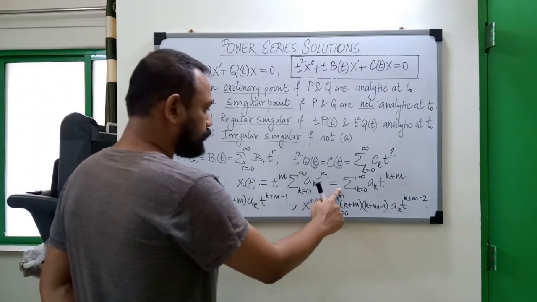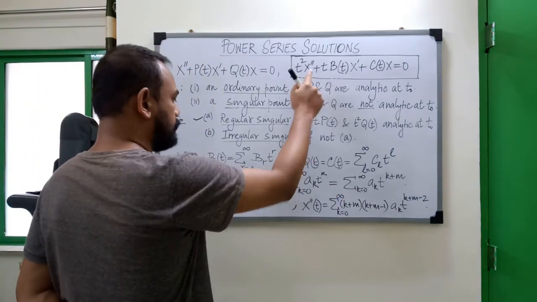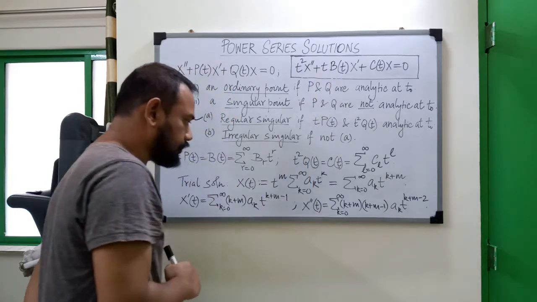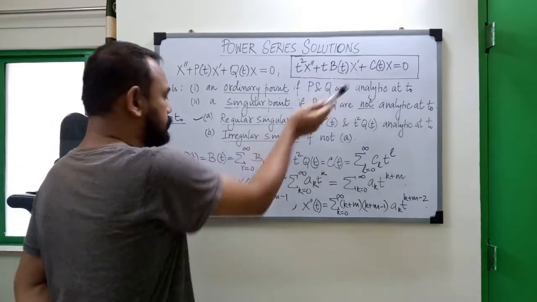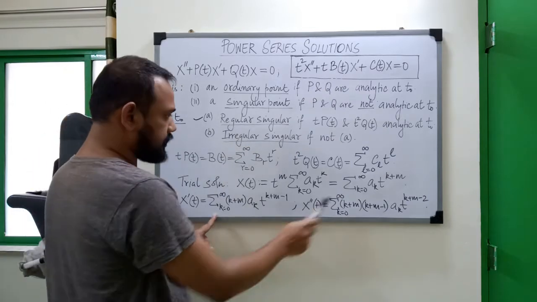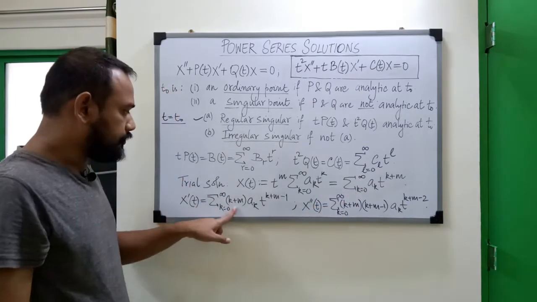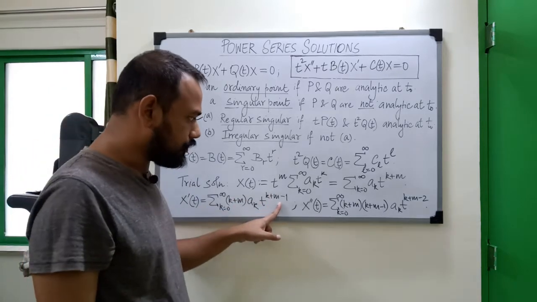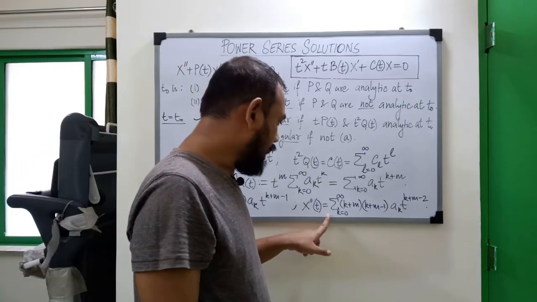And now, of course, because it's a trial solution, we have to put various quantities into this differential equation. So we need the x prime, which is just differentiating this term by term. Of course, you all know this, the k plus m term will come down, you will get the index reduced by 1. Same thing will happen here.